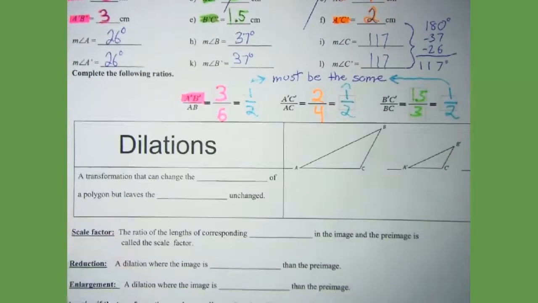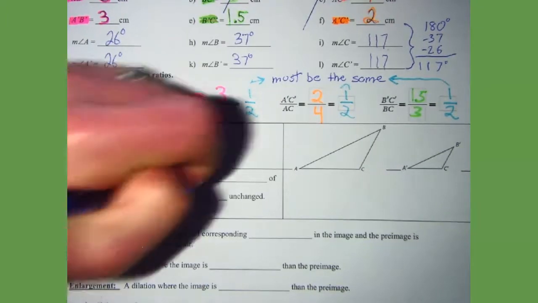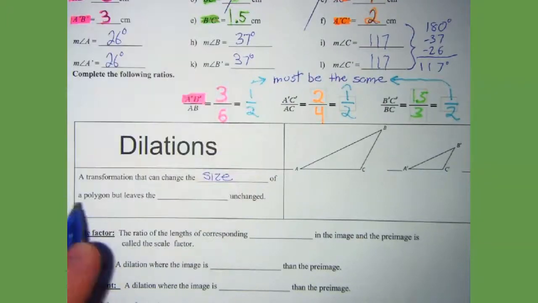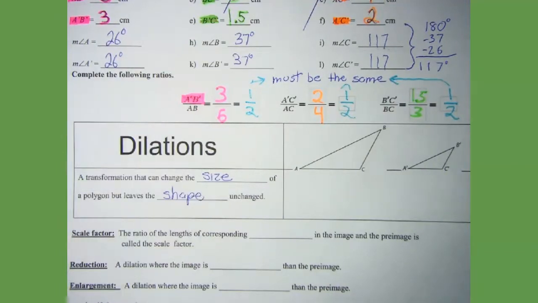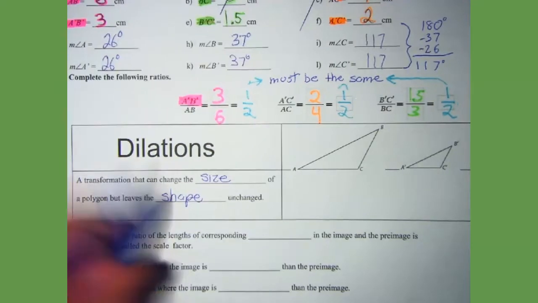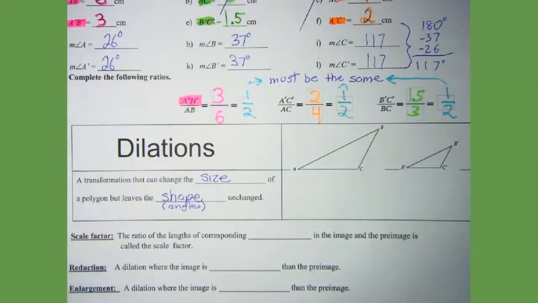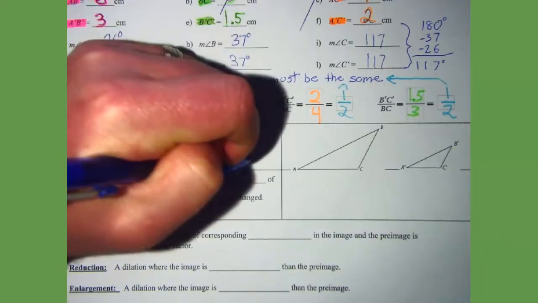So formally, a dilation is a transformation that can change the size of a polygon but leaves the shape unchanged. When we're talking about shape, we're talking about the angles. And when we're talking about size, we're talking about side length.